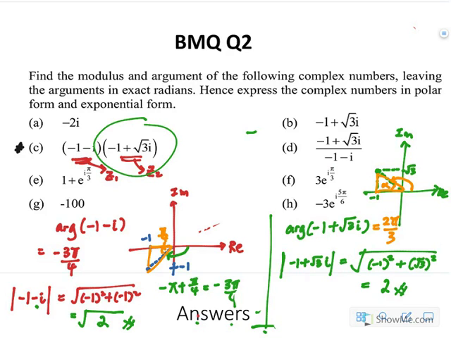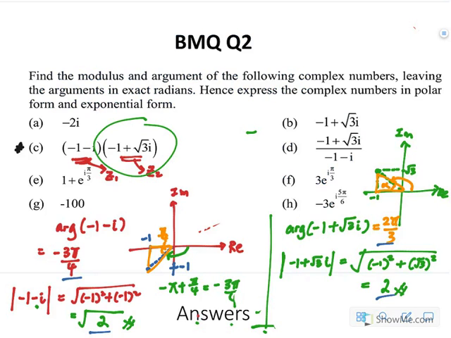Alright, so combining this and this, remember the argument overall, -1 minus i times -1 plus square root 3i. This will be 2 times square root 2, because 2 and square root 2 came from here.